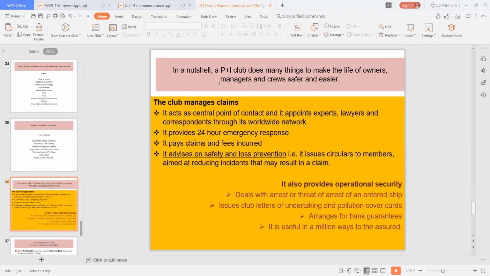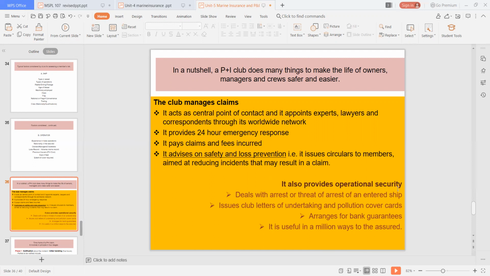In a nutshell, the P&I club does many things to make the life of the owners, managers, and crew safer and easier. The club manages claims. It acts as central point of contact, and it appoints experts, lawyers, and correspondents from its worldwide network. It provides 24-hour emergency response. It pays claims and fees incurred. It advises on safety and loss prevention, and issues circulars to members aimed at reducing incidents that may result in a claim.